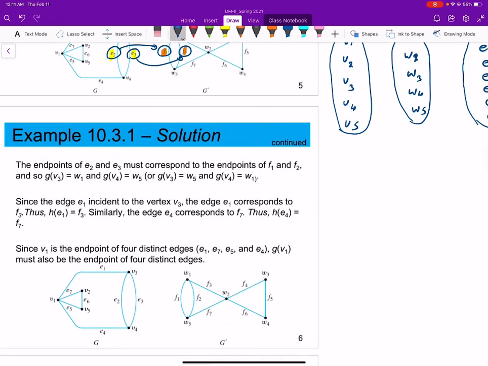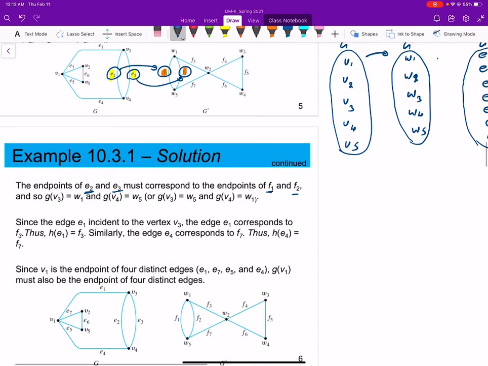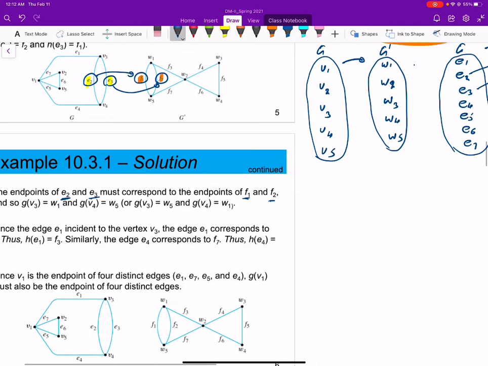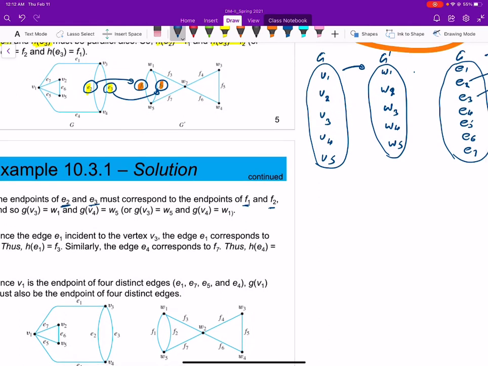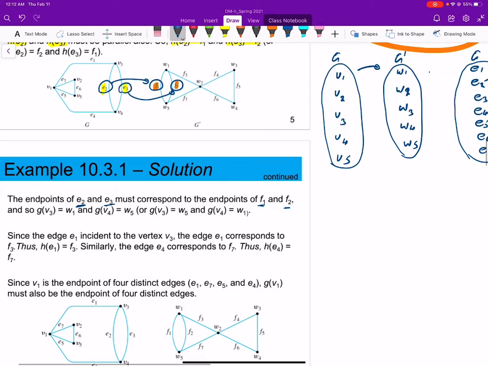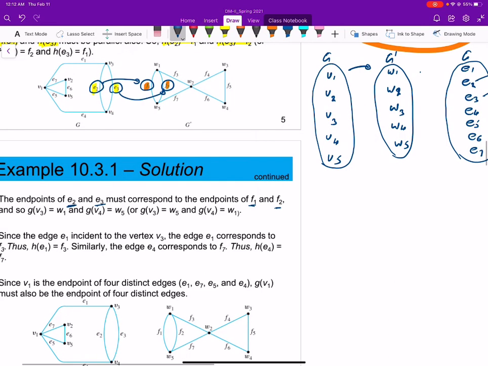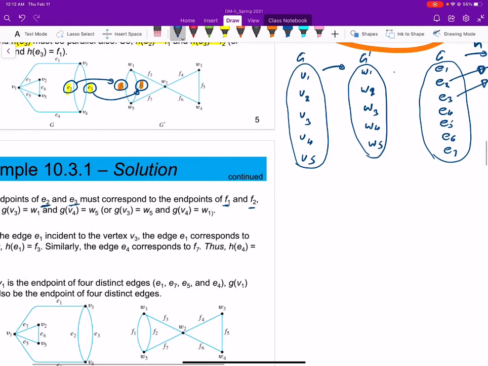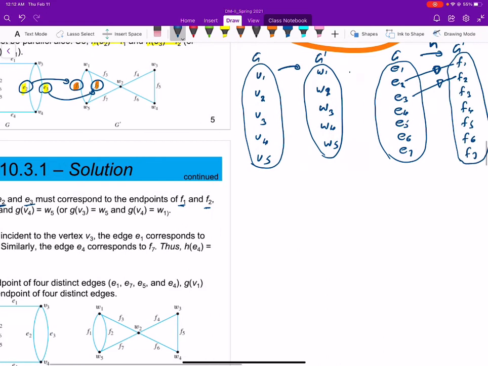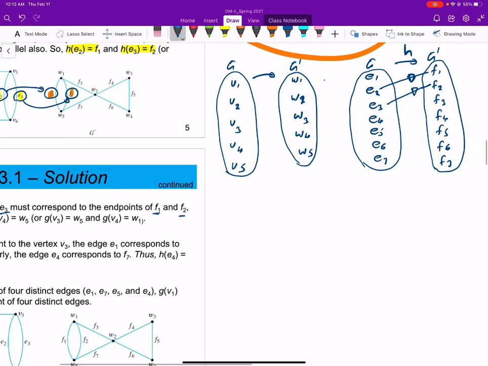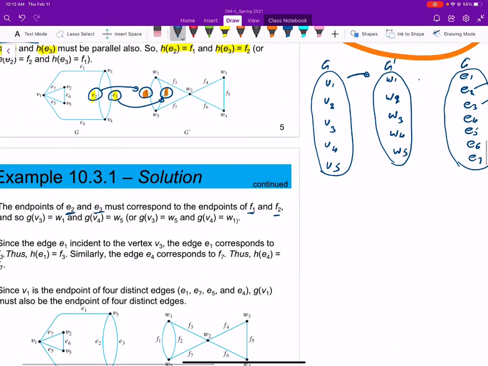The endpoints of E2 and E3 must correspond to the endpoints of F1 and F2. That's the rule of the isomorphism: endpoints of the edges should map to the endpoints of the mapped edges. Let's see that. This is E2.